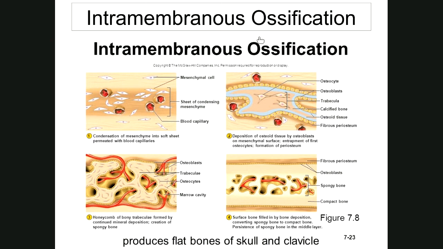So let's look at what it says here. This type of bone formation occurs in a fibrous membrane. Like over here, condensation of mesenchyme into a soft sheet permeated with blood vessels, blood capillaries. Embryonic mesenchymal cells differentiate, and mesenchyme is an old term. The newer term for mesenchyme is stem cells.